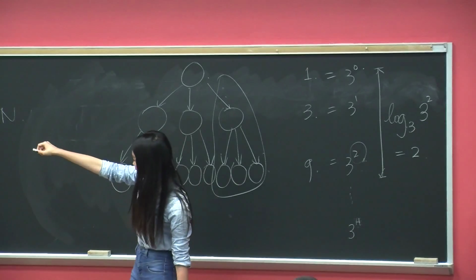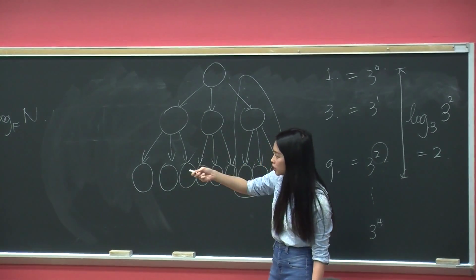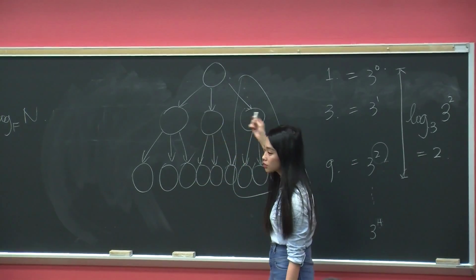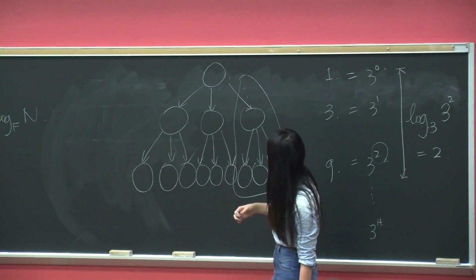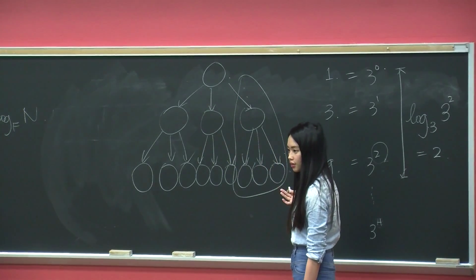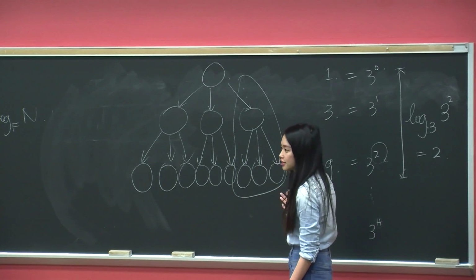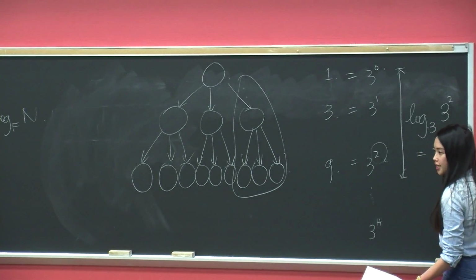For the second level, we only use 2 pages, even though each page is capable of pointing to 3 children. So the fact that we take out the subtree, do you think it actually affects the height? It doesn't, so the height still doesn't change. So when you want to compute, it will stay the same.